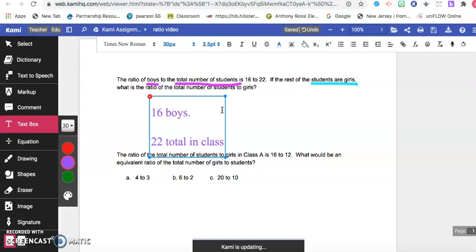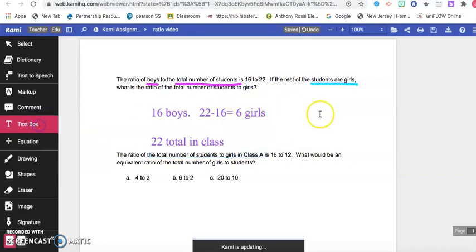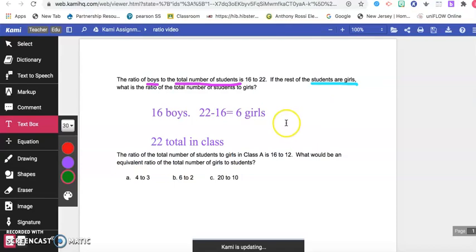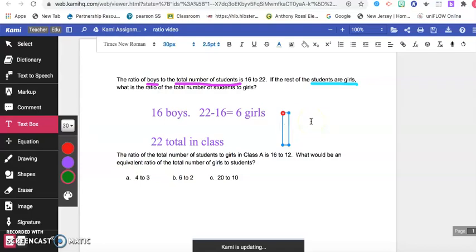So I would do 22 minus 16 to get that number, and that would equal 6. So now I know that there are 6 girls in the class. Since there are 22 total in the class, the ratio of the total number of students to girls would be 22 in the class to 6 girls.